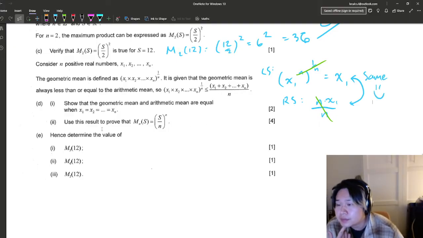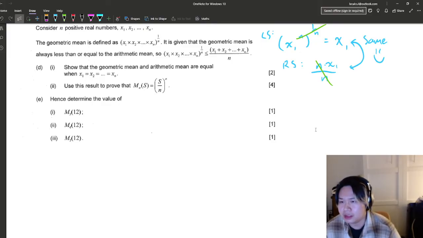Okay. Use this result to prove this. So if they're the same, okay. I'm just trying to think of where to place this.